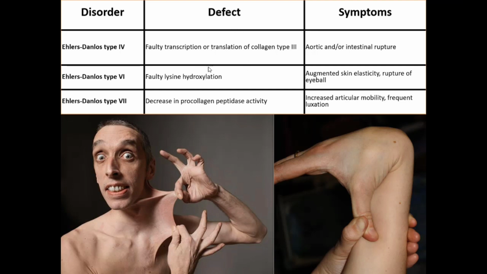Because of this defect in collagen synthesis, some of them have increased articular mobility, or increased laxity of joints, and also some of them have increased skin elasticity. As you know, some of these persons are also registered in the Guinness Book as heroes. But it shows us they have more problems in collagen synthesis.